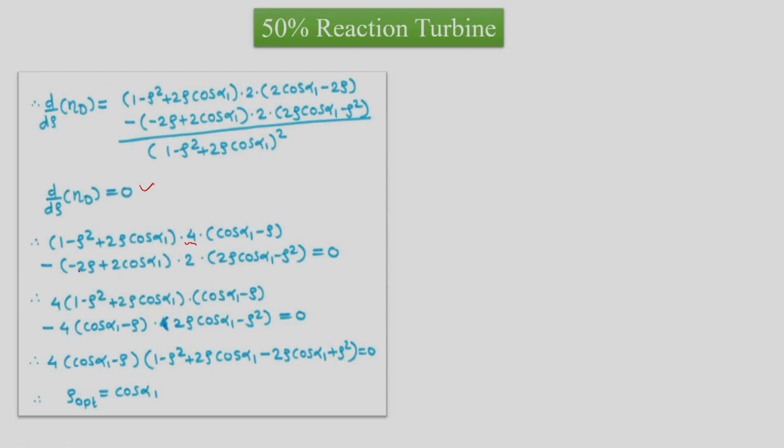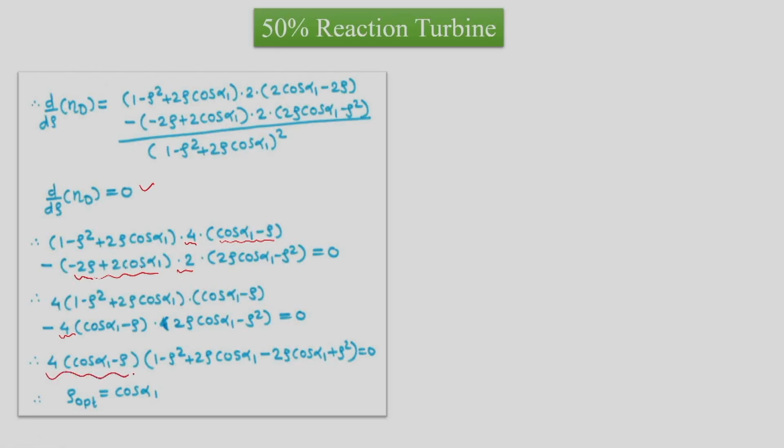Here as well we have 2, so here as well it will become 4. Further we have the term cos alpha minus rho, and here also we have cos alpha minus rho.